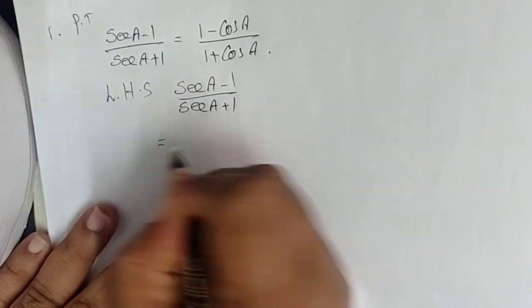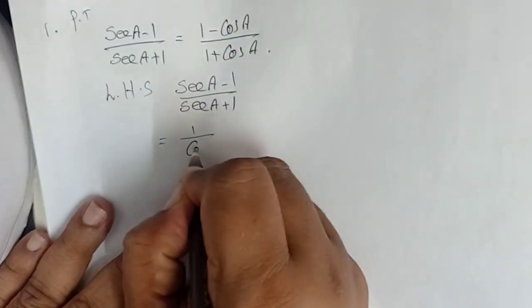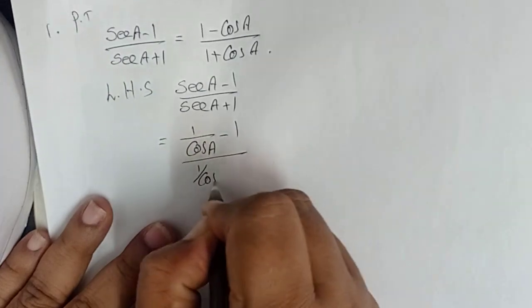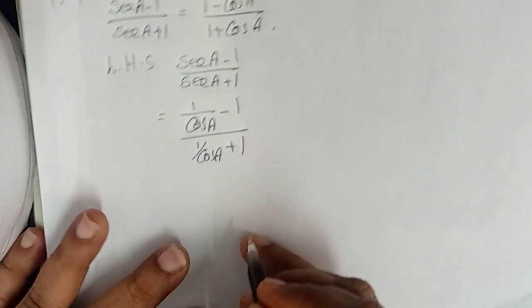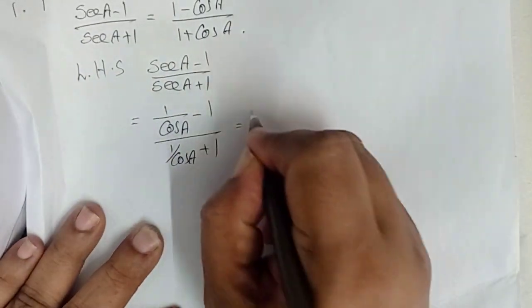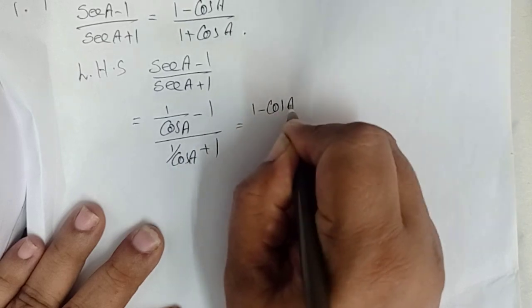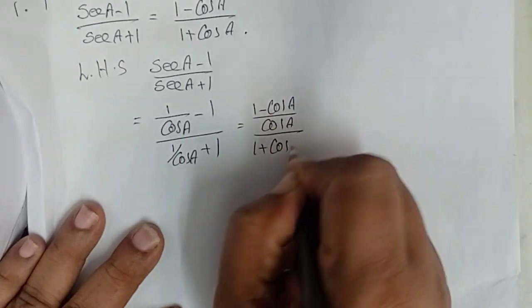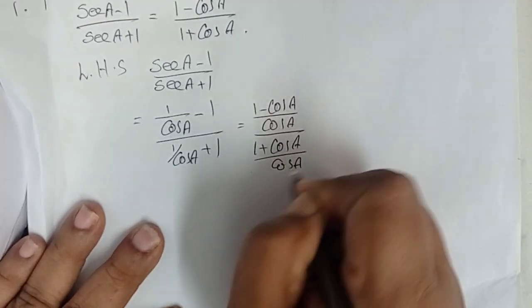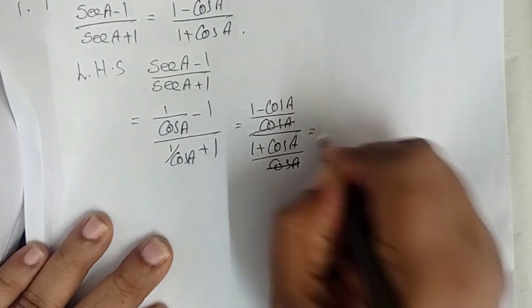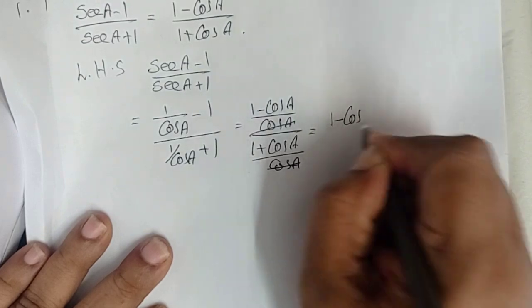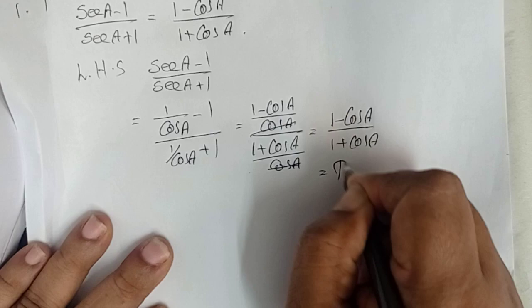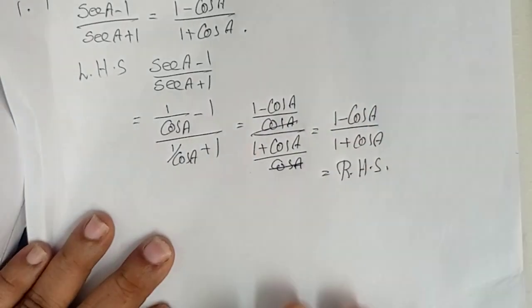Cosec A is not in its lowest term, so we can write (1/cos A minus 1)/(1/cos A plus 1). Taking the LCM, ((1 minus cos A)/cos A)/((1 plus cos A)/cos A). Cos A cancel. Therefore, the result is (1 minus cos A)/(1 plus cos A). That is the RHS. Hence proved.